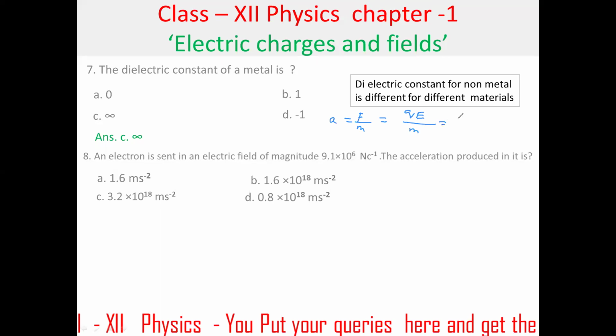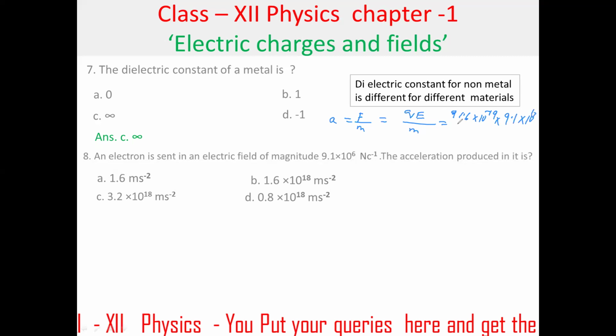Now Q for an electron is 1.6 into 10 to the power minus 19, and the electric field is given as 9.1 into 10 to the power 6.